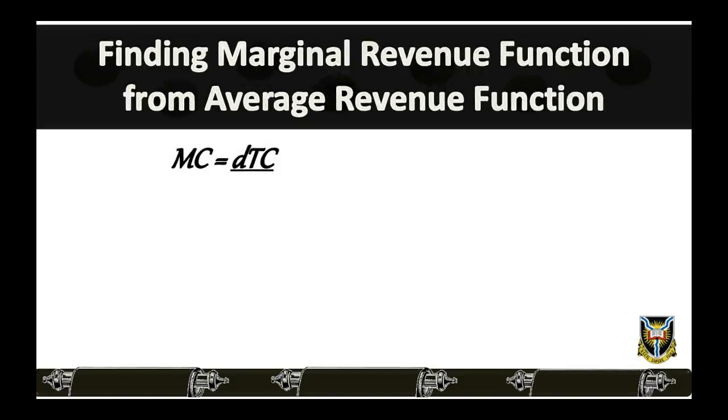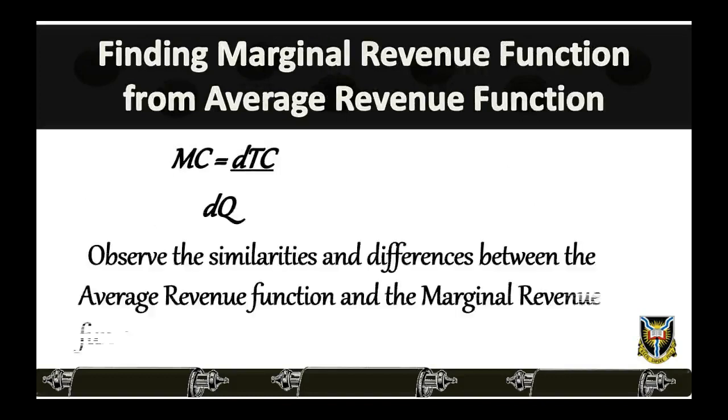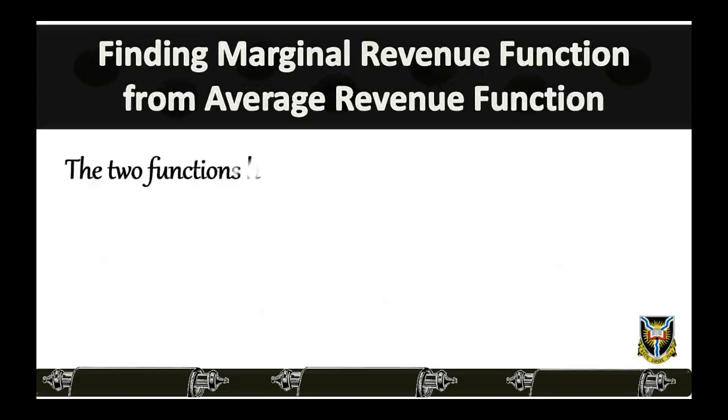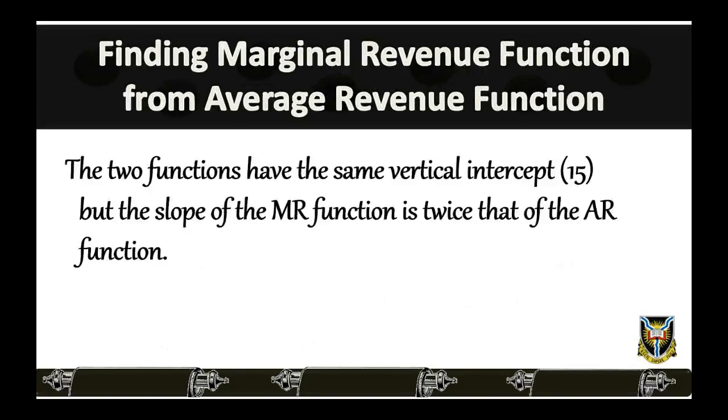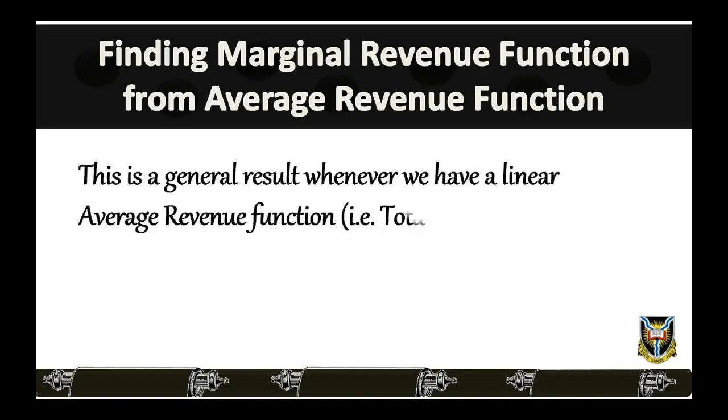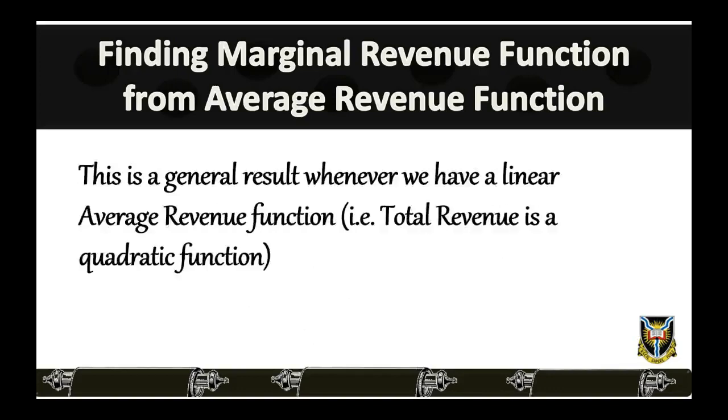Observe the similarities and differences between the average revenue function and the marginal revenue function derived from it. The two functions have the same vertical intercept, but the slope of the marginal function is twice that of the average revenue function. This is the general result whenever we have a linear average revenue function.